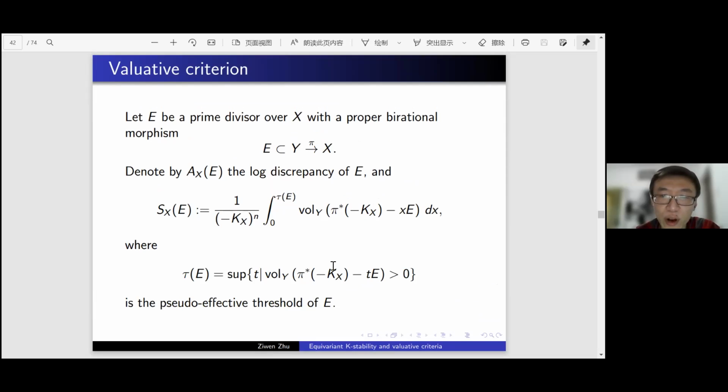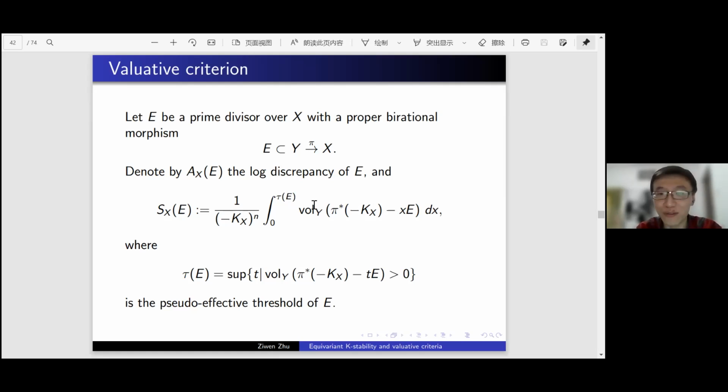The upper bound is where we still have sections of vanishing order t along E. This number S of E, if we rewrite it using integration by parts, is the expected vanishing order along E of the sections of negative K_X. Basically the derivative of the volume can be viewed as the probability density function.